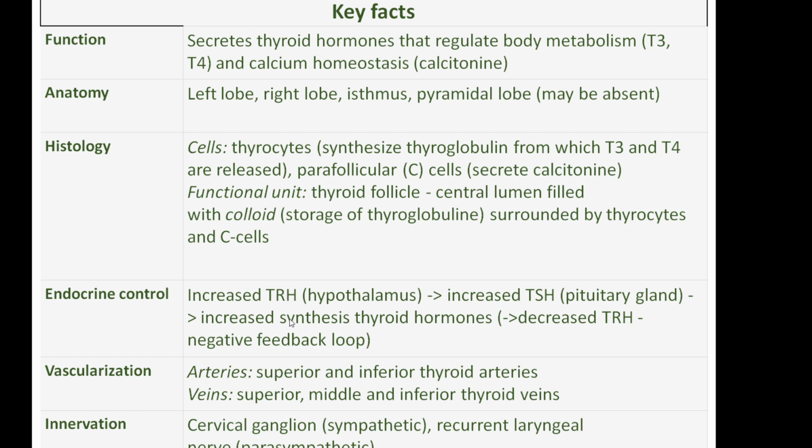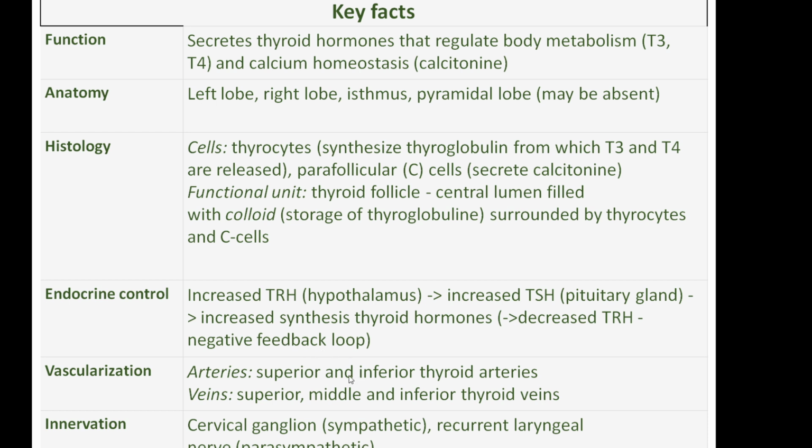Endocrine control: increased TRH by hypothalamus, increased TSH by pituitary gland, increased synthesis of thyroid hormones, decreased TRH, negative feedback loop.